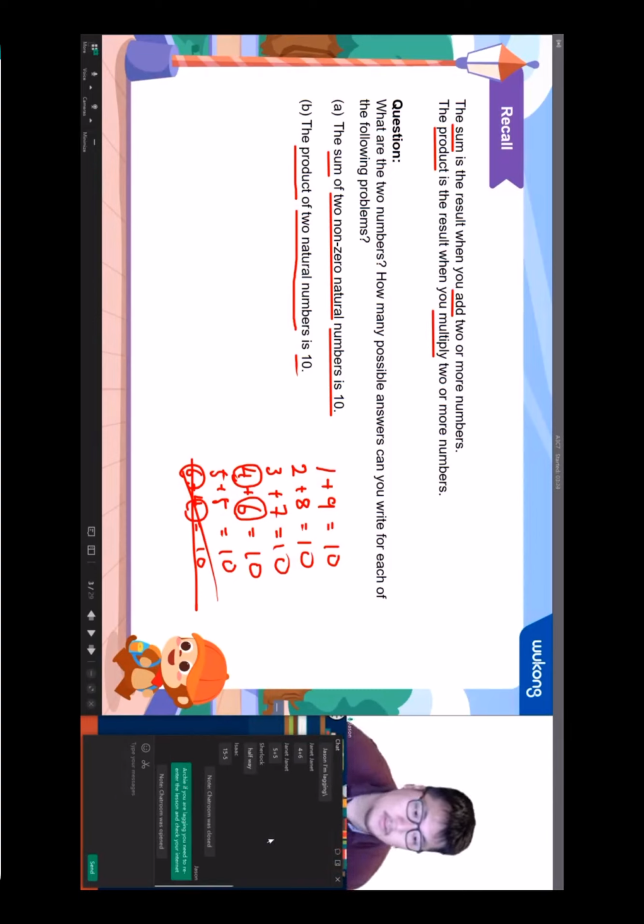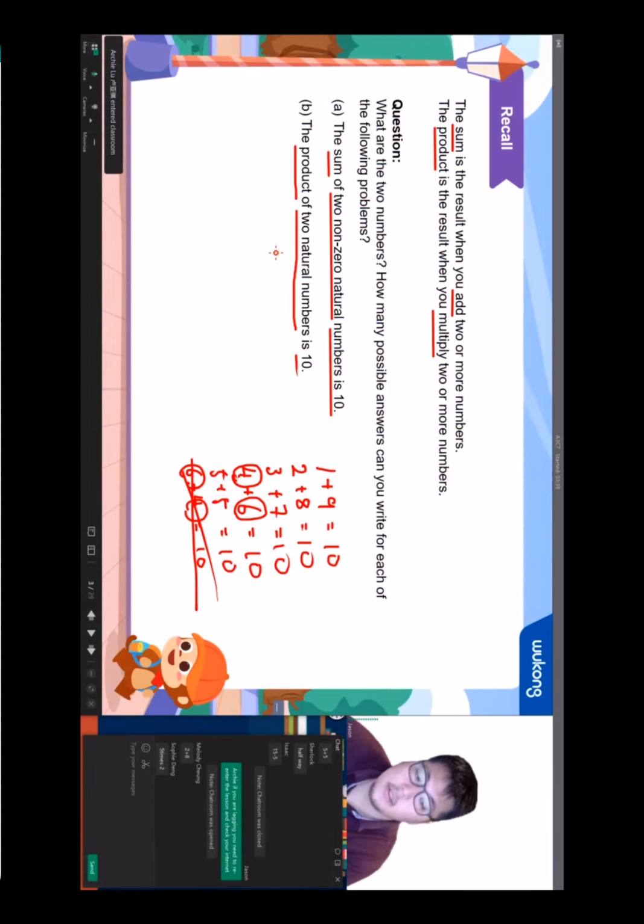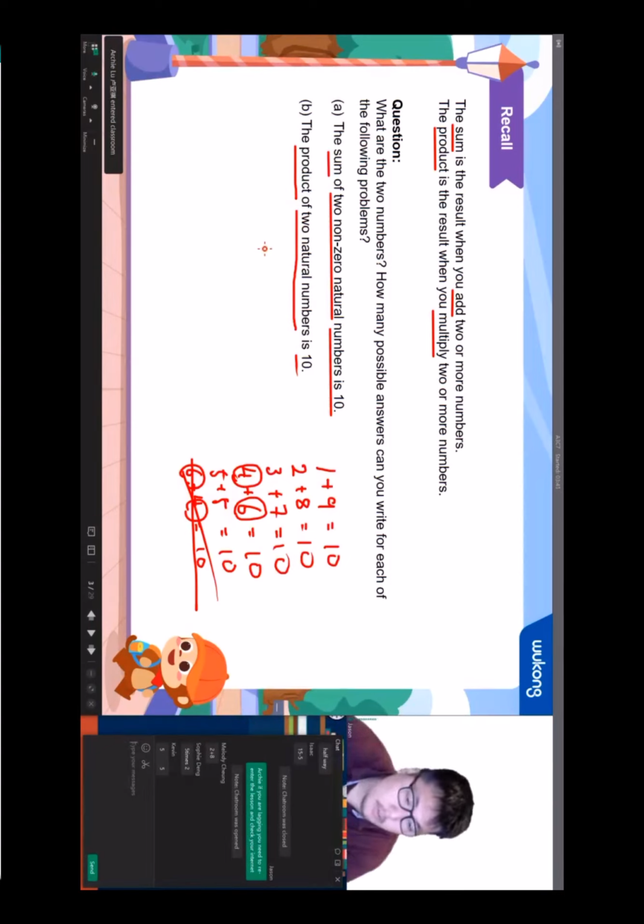Okay, Archie, and now. So, what do you think, guys? The product of two natural numbers that makes 10. That's right, Sophie. 5 times 2, guys.